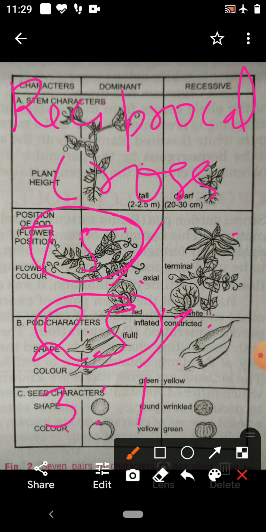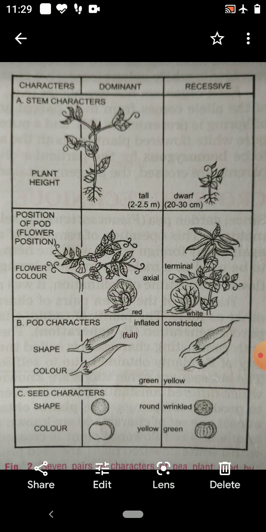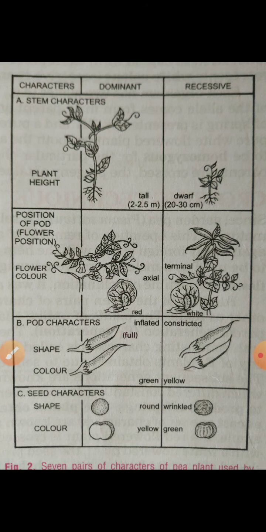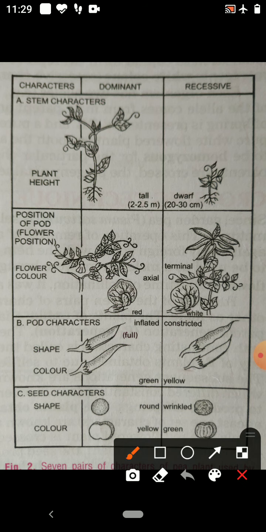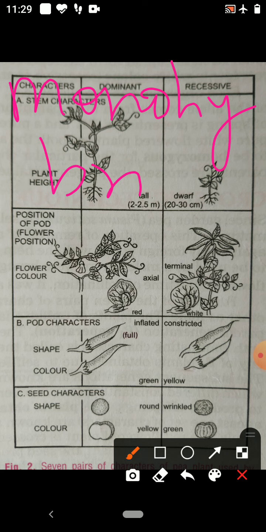So this was the experiment that was conducted by Gregor John Mendel. Children, you have to know, for making the cross, if only one character is taken at a time, that is called monohybrid cross.